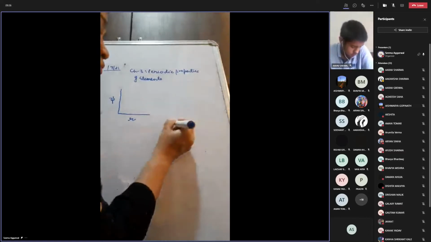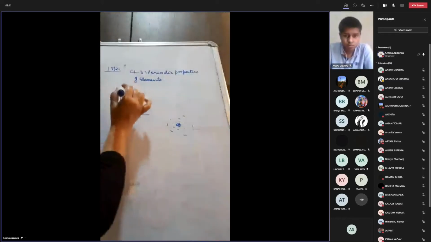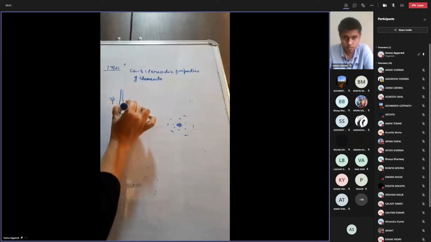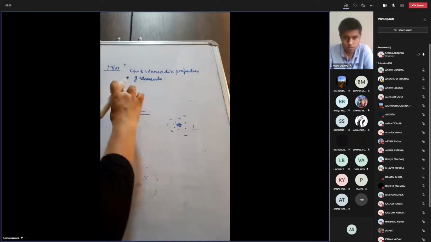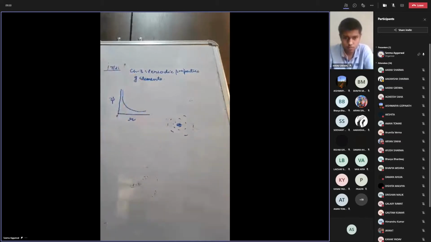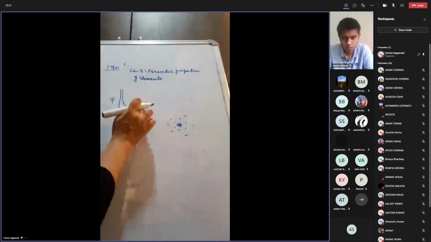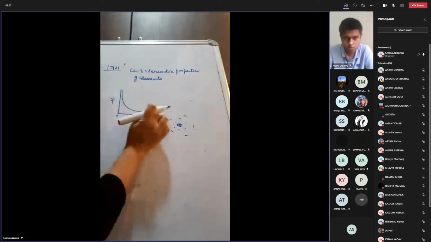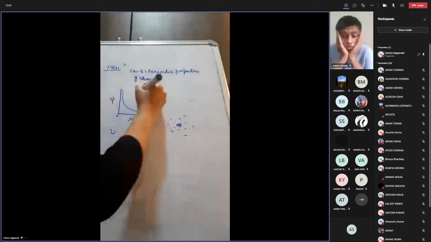So it is like this. This is the nucleus, and near the nucleus the maximum probability of finding the electron is here. As the distance from the nucleus increases, the value of psi decreases. So at zero distance from the nucleus, there is maximum value of psi. And this is for the s orbital.